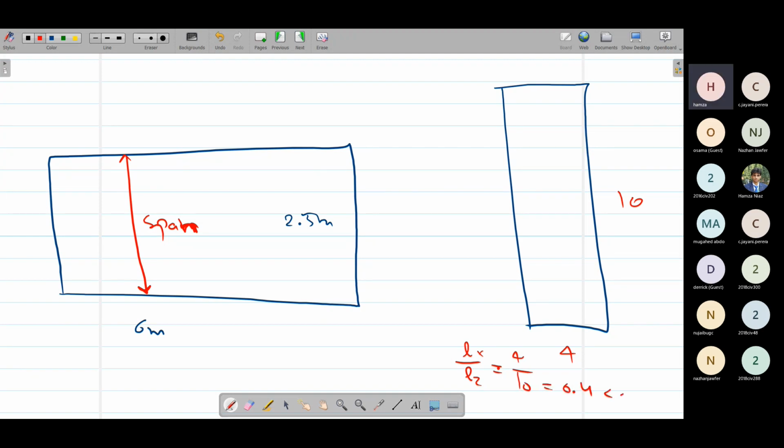So it is less than 0.5. So it means one-way wall in the horizontal direction, and similarly the span is in the smaller direction. If it is in between that, it is simply a two-way wall.